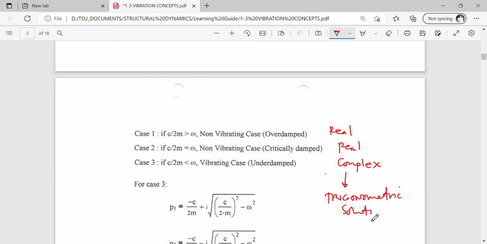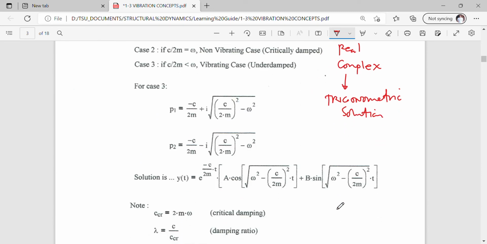Of course, we can convert the trigonometric solution to an exponential solution, but many references have provided us with trigonometric solutions rather than exponential solutions.